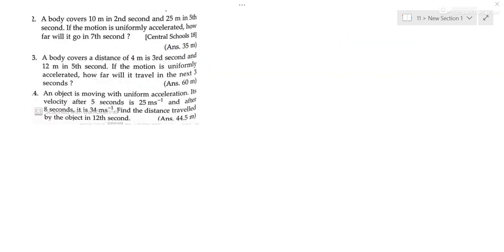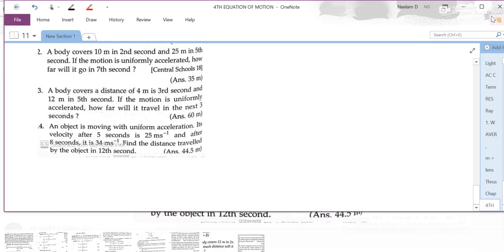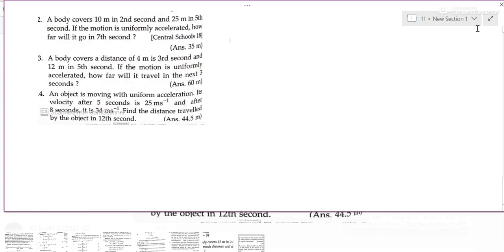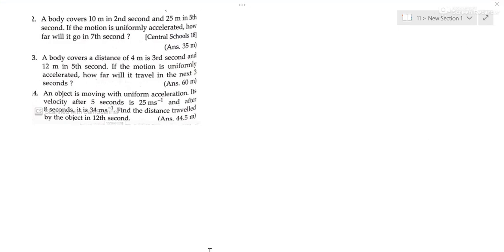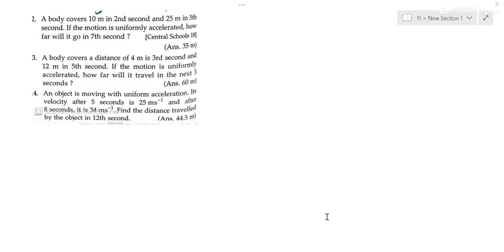Let us see the next question. A body covers 10 meters, so distance is 10 meter in second. So you use the formula Sn.